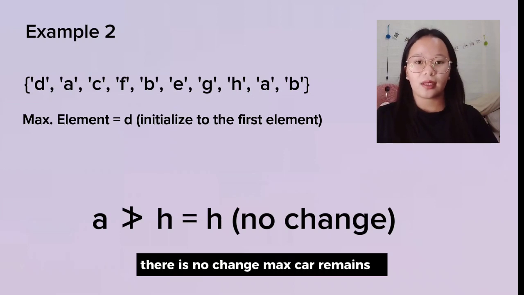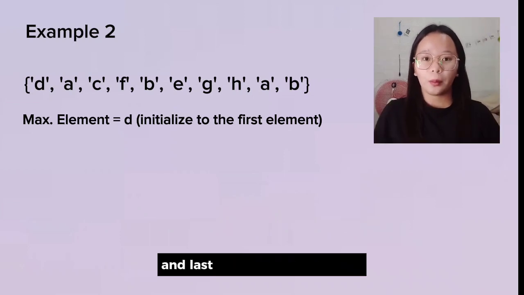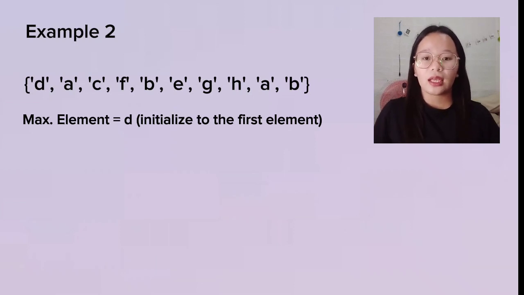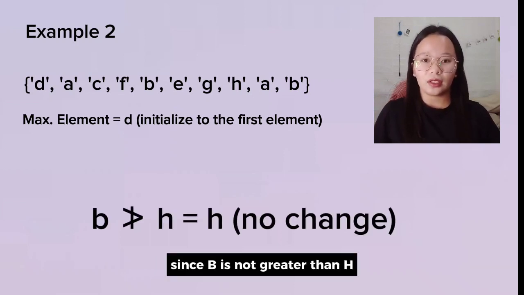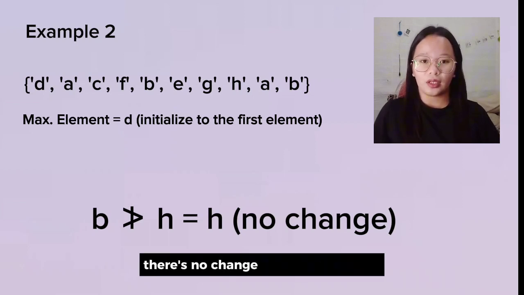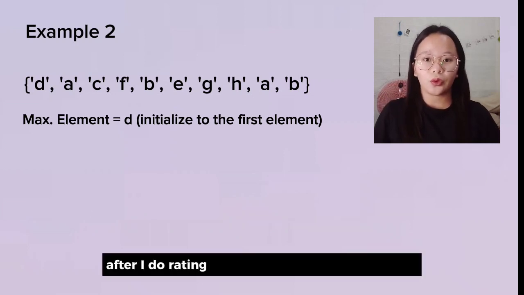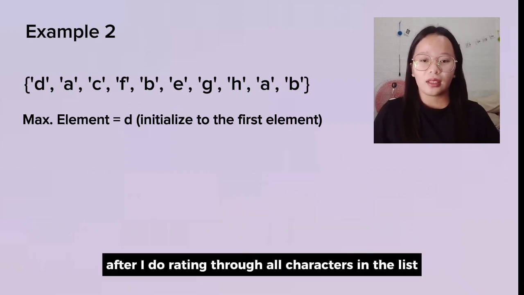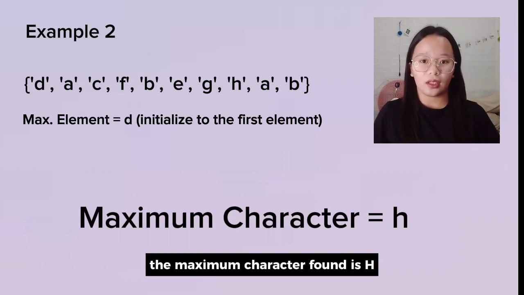Max char remains H. And last, compare the ninth letter, which is B, with max char H. Since B is not greater than H, max char remains H. As a result, there is no change. Max char remains H. After iterating through all characters in the list, the maximum character found is H.